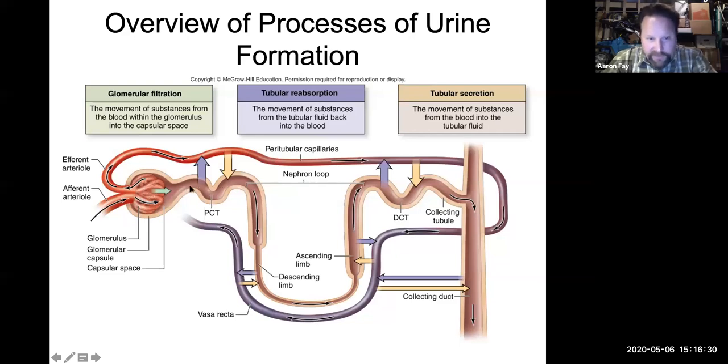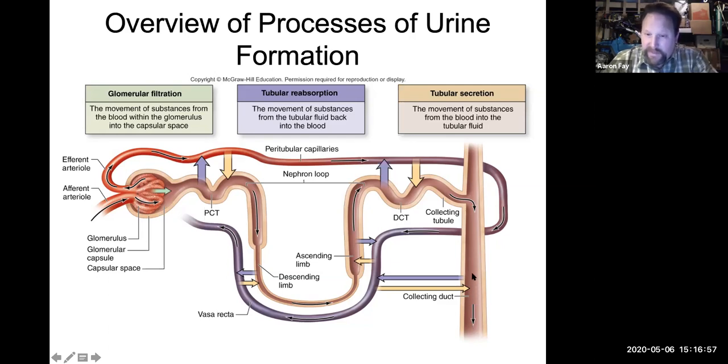So the filtrate continues along the proximal convoluted tubule to the nephron loop to the distal convoluted tubule. At this point, you should have reabsorbed all the various nutrients you want to keep. You should have been able to reabsorb most of the water, and whatever's left can then enter the collecting duct on its way to the urethra.